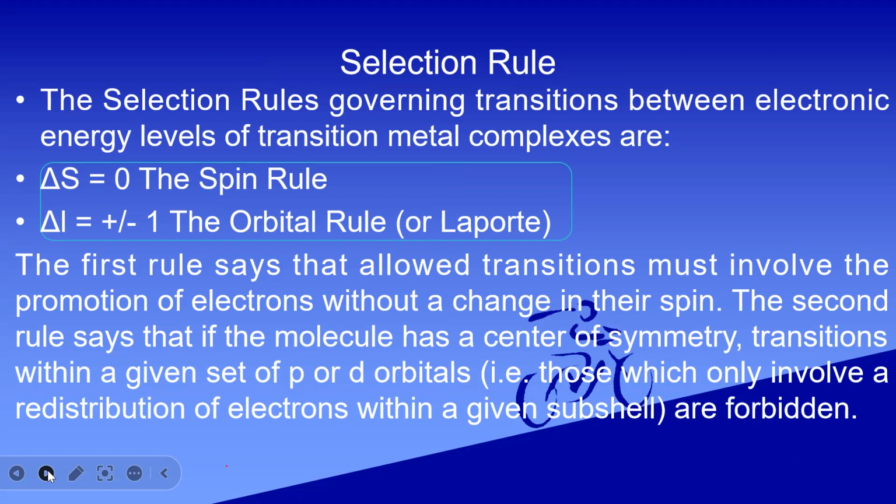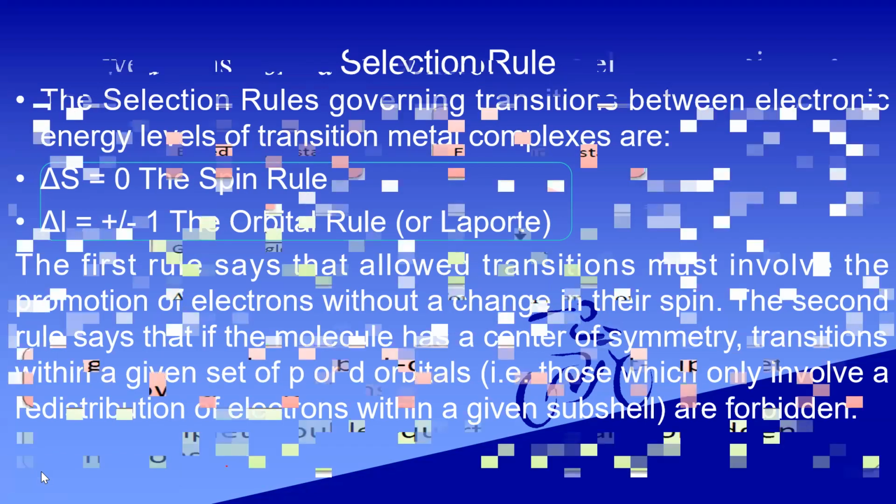The spin selection rule says that allowed transitions must involve the promotion of electrons without a change in their spin. The Laporte selection rule says that if the molecule has the center of symmetry, transitions within a given set of p or d orbitals are forbidden transitions.